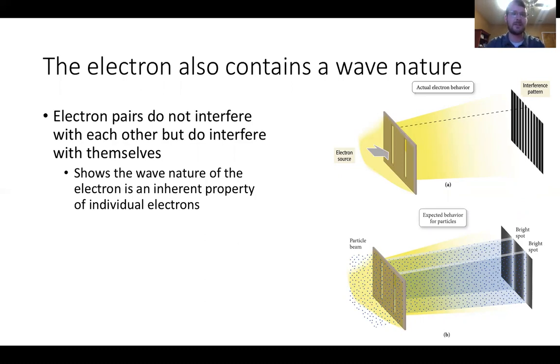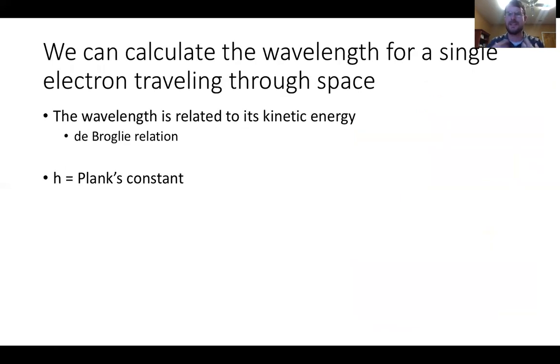It shows the wave nature of the electron is an inherent property; each individual electron has its own. But alongside that wave, the electron is a particle as well as a wave. Again, it's something that we're going to have to conceptually try to think about. But we can calculate the wavelength of a single electron traveling through space. Now, how might we go about doing that? The wavelength is related to, obviously, its kinetic energy, right?